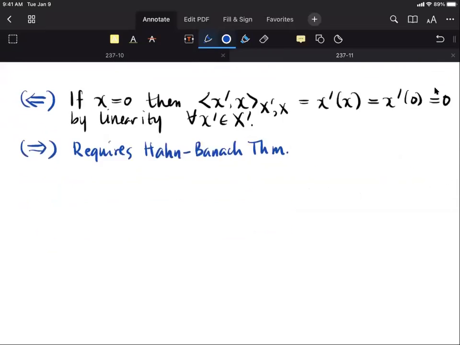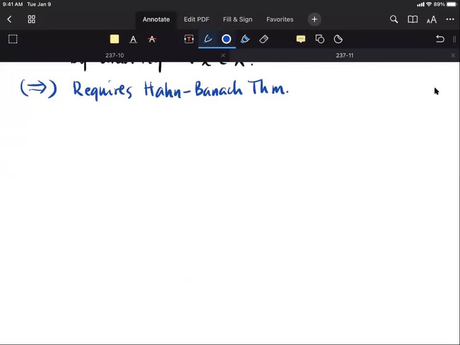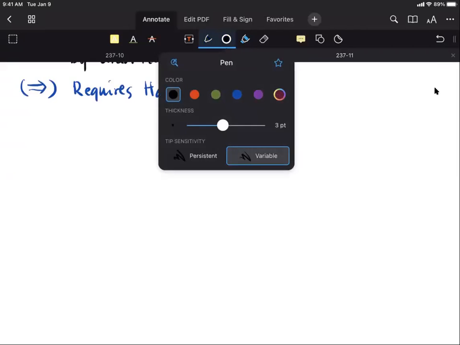So to state the Hahn-Banach theorem, and to prove it, we need Zorn's lemma. So before we state Zorn's lemma, we need to discuss some preliminaries.